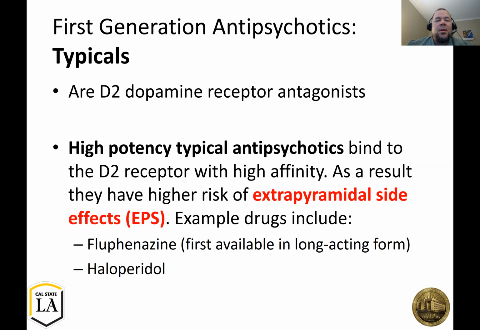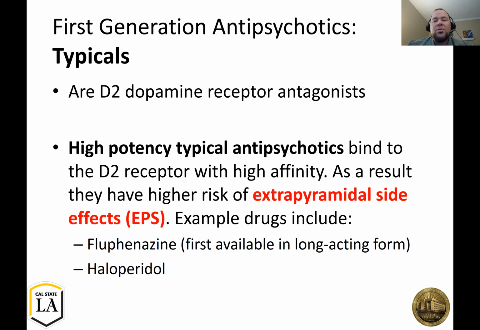All right, so what we'll learn first are the first generation antipsychotics, okay? And they call these, for whatever reason, the typicals. So the typical antipsychotics are the first generation. The atypical antipsychotics are like later generations, okay? So we've got first generation antipsychotics, the typicals.